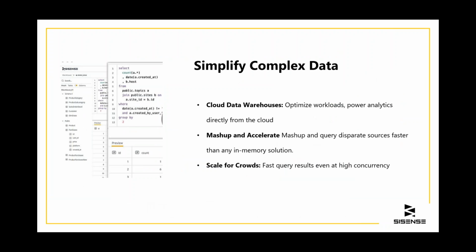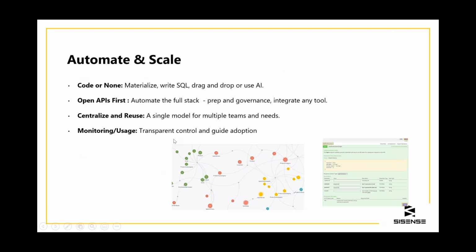With Sisense, we can simplify complex data. The cloud data warehouses can be optimized to power workflows and analytics. Even with Snowflake, you can use Sisense to create materialized views inside Snowflake to cut down your processing overhead. Then they can mash up and accelerate this complex data and scale it for crowds.